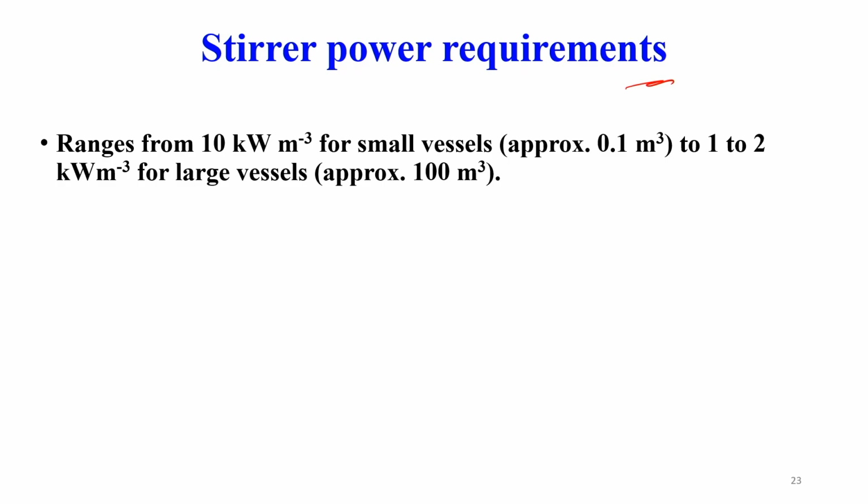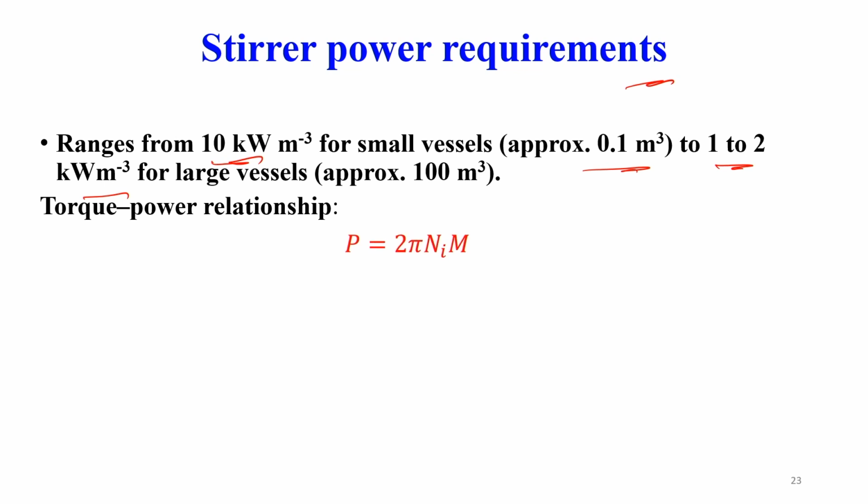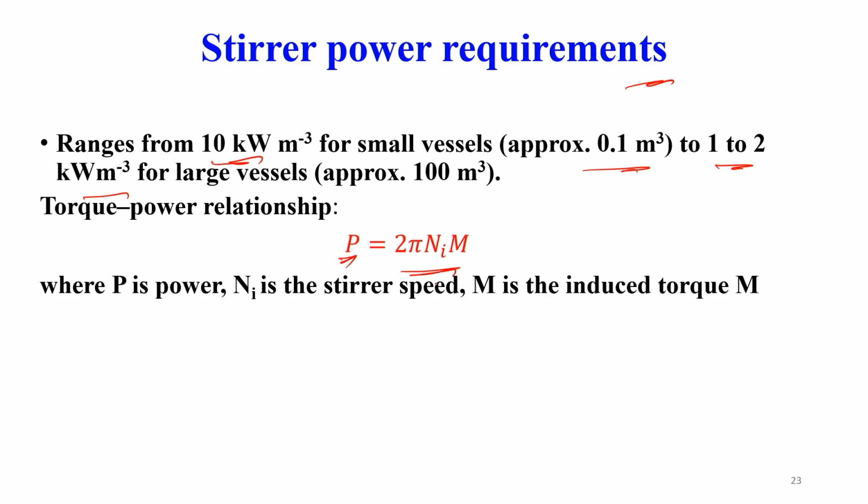So, it requires a huge amount of power, and the range is from 10 kilowatt per meter cube for a small vessel to 1 to 2 kilowatt per meter cube for the large vessel. And typically power is related with the torque like this.